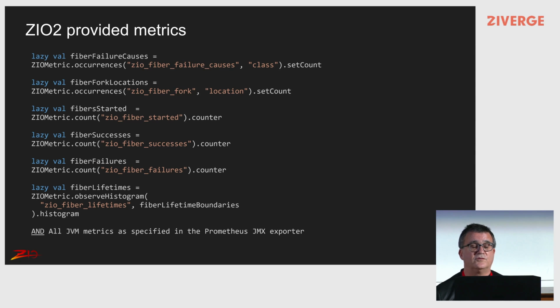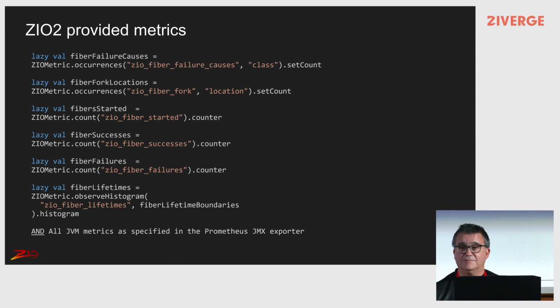Another interesting metric is the fiber lifetimes. This gives us an impression of how long our fibers are actually executing in our system. Do the majority of fibers execute very rapidly, or do we have quite a number of long-running fibers? That might be interesting.